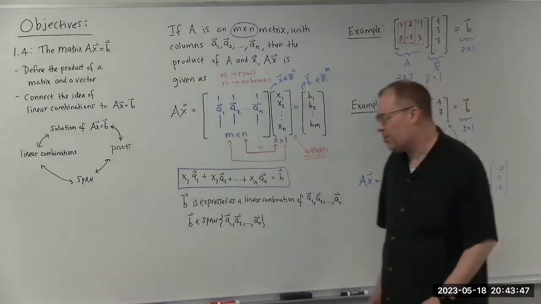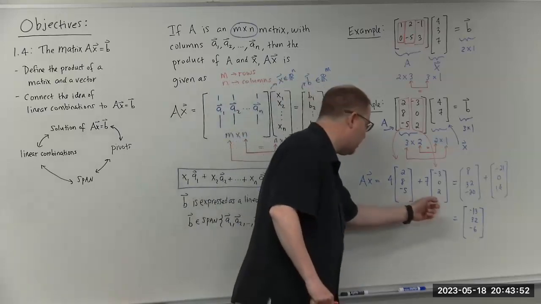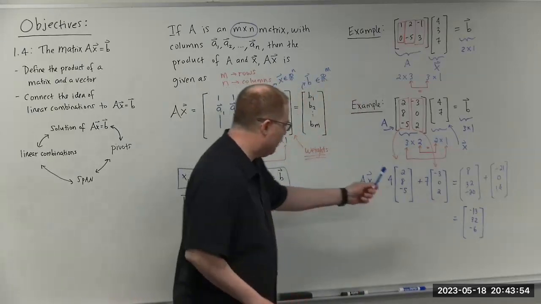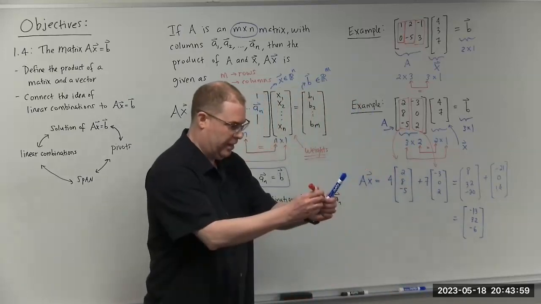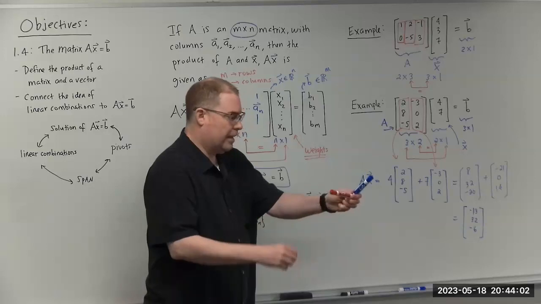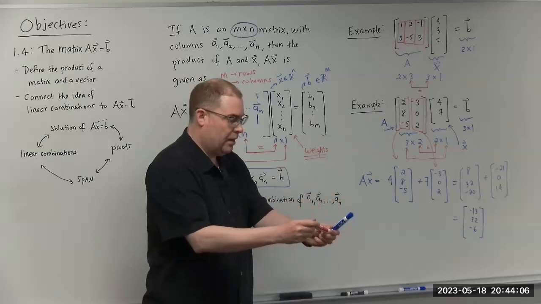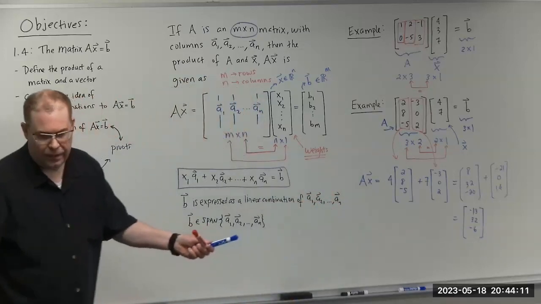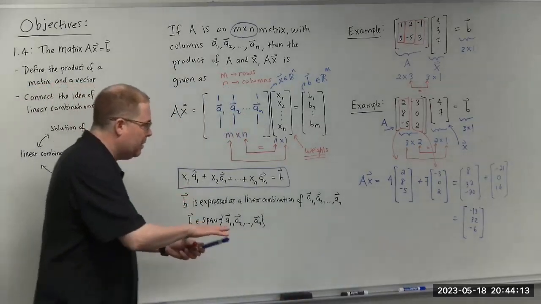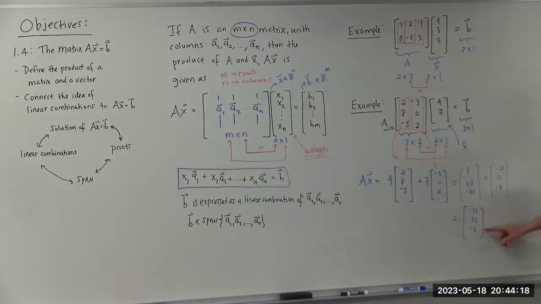Now, geometrically, let's say this is V, this is A1, and this is A2. When you put A1 and A2 together, you form a plane, and in that plane lies this vector, this point.